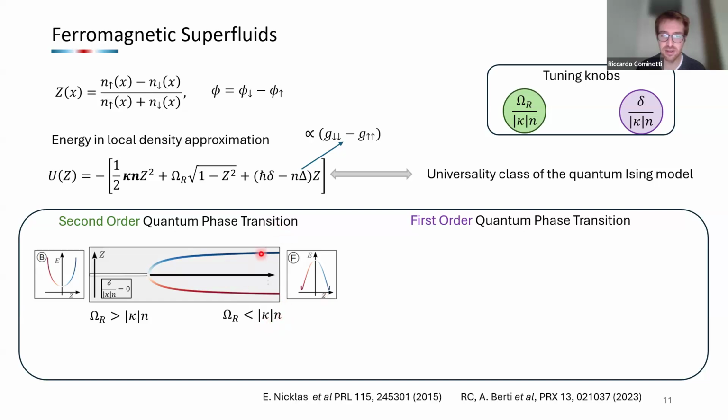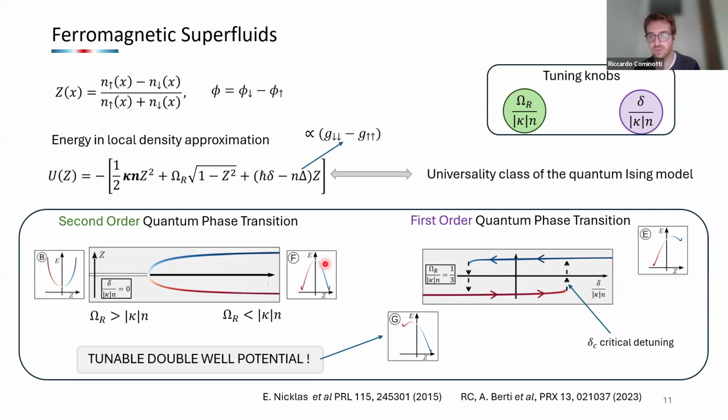Now, starting from the ferromagnetic side, we also have access to a first order quantum phase transition, and this can be explored by varying the detuning. What is shown here is again the ground state magnetization as a function of the detuning, and what we see is a sort of hysteresis cycle of the magnetization.